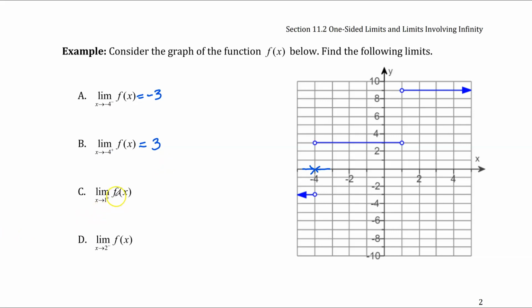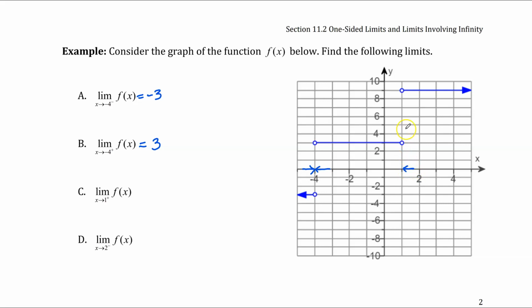Now let's take a look at the limit of the function as x approaches 1 from the right. Let's locate 1 here. This is 1, and the right side of 1 is here. Those are the x values. Then you get the corresponding y values, or the corresponding graph of f of x as x approaches 1 from the right.